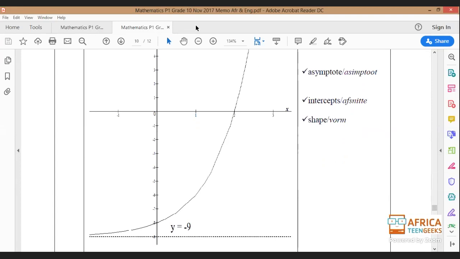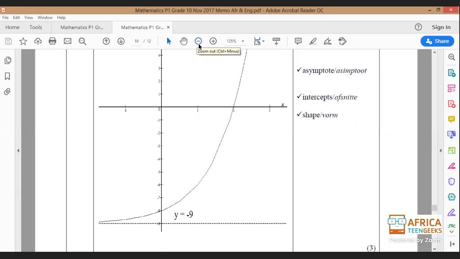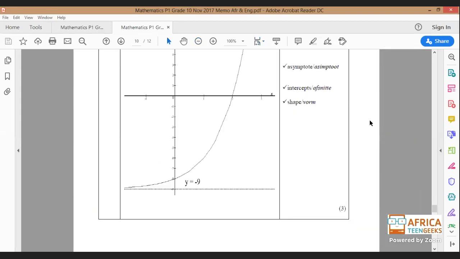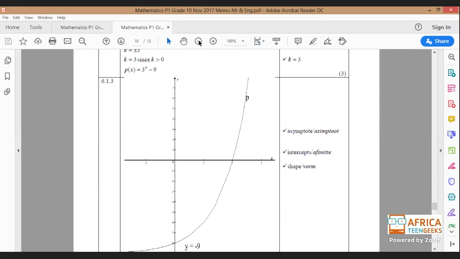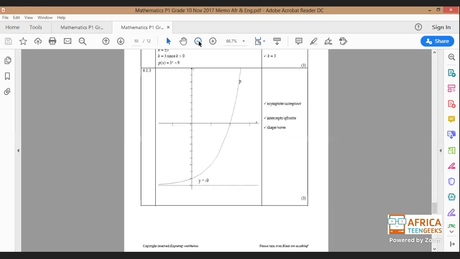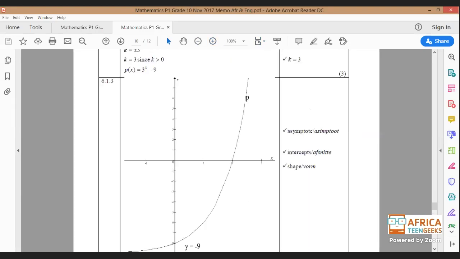So if I can just decrease here so that you can see the graph clearly. I hope you can see the graph. It's quite long.